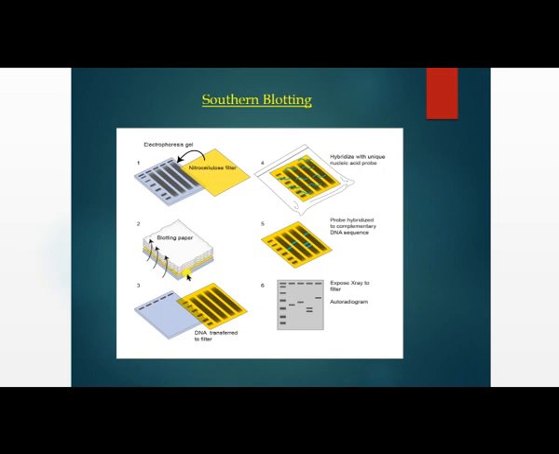See here, at the end there is your electrophoresis gel. After that, this yellowish color is nothing but your nitrocellulose filter paper. On the surface of this nitrocellulose paper we are keeping the blotting papers. Due to the weight of this, whichever DNA fragments are present on the gel can transfer onto your nitrocellulose filter paper.